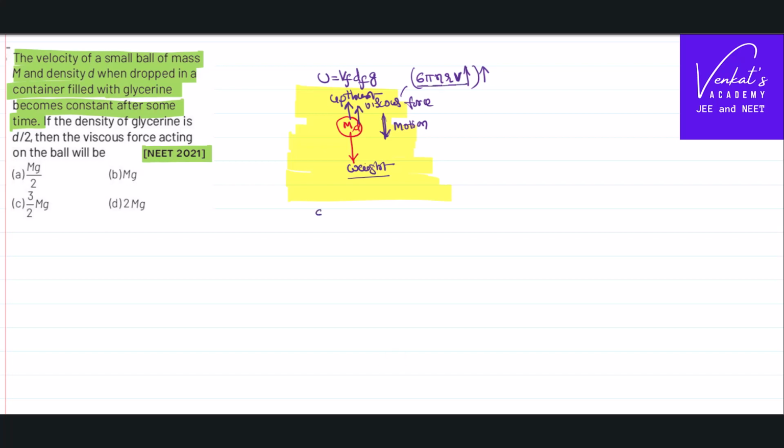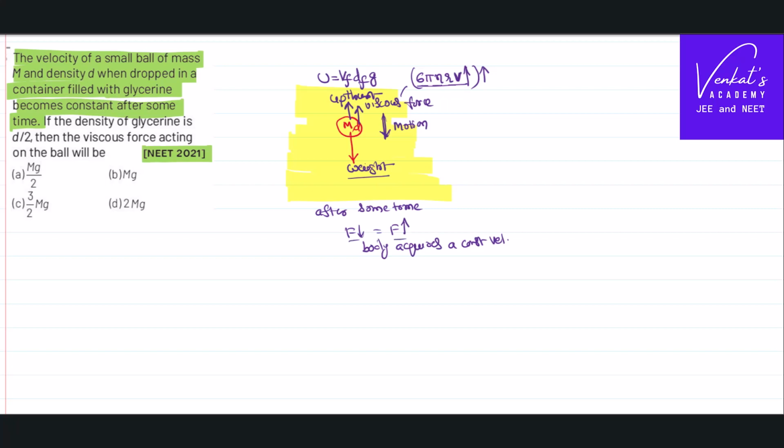So somewhere after some time, the force downward is balanced by the force upward. Then the ball or body acquires a constant velocity, and that constant velocity is also called terminal velocity.